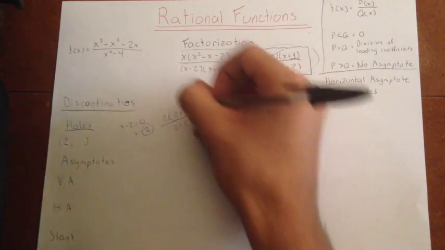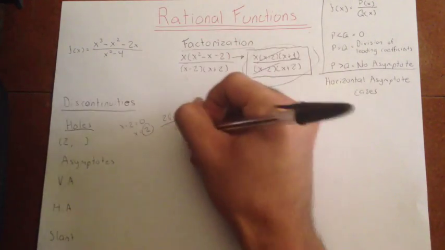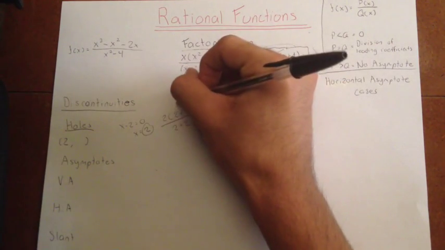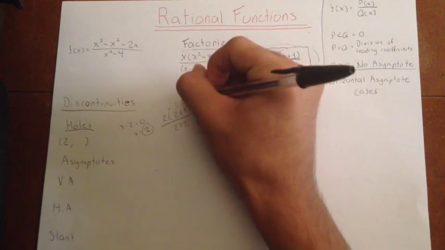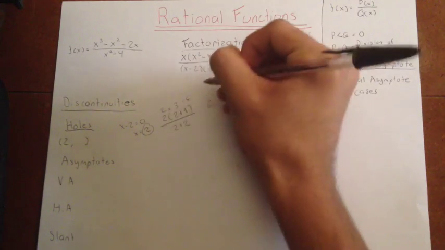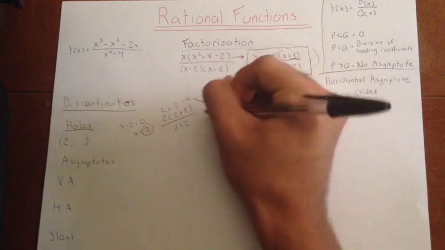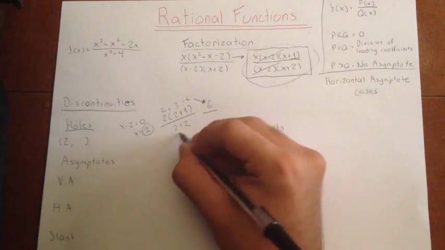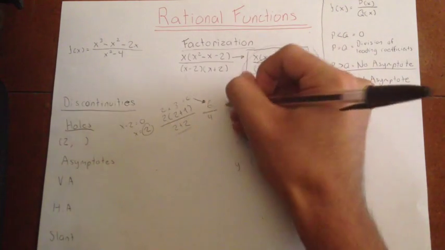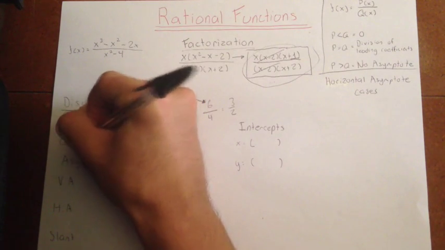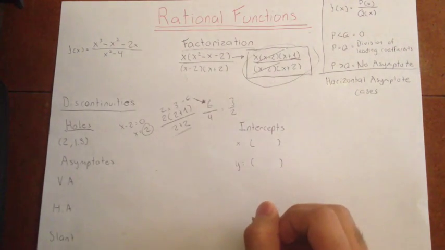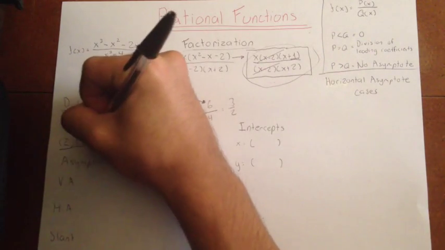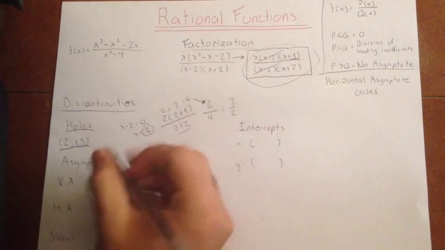Our next step will be applying the order of operations in order to solve this equation. So here will be a result of 6 over 4, which we can simplify to 3 halves. Now that's our y point in our gap, and we have found in this case all the gaps or all the discontinuities in the rational function.